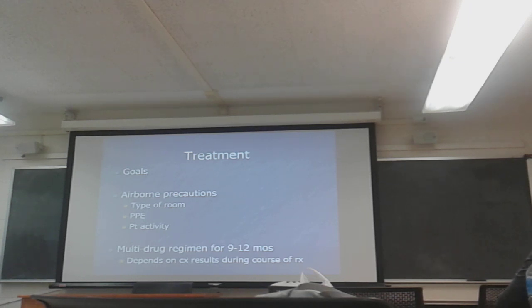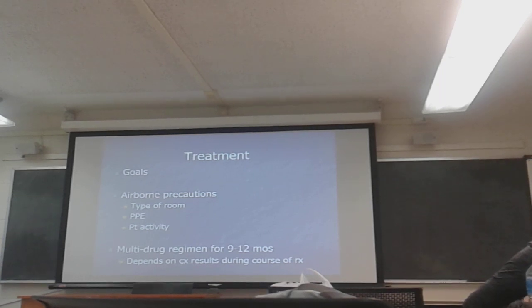For airborne precautions, they're going to be in a negative pressure room, a private room, though you can cohort them if somebody else was ruling out for TB. I really have never been in a place that desperate. Generally they are in a private room, but test-question wise, you could cohort them.